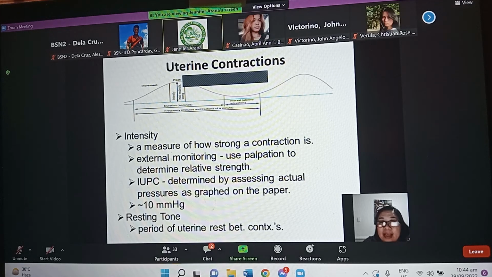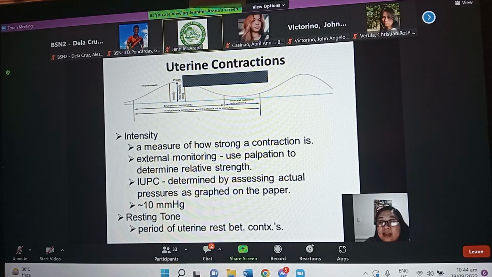Another thing which we should assess during a contraction is the intensity. It is a measure of how strong a contraction is. If you are monitoring the intensity externally, you are going to use palpation to determine relative strength. So, taas ang intensity kung ang uterus inihikap nimo perting gahi.